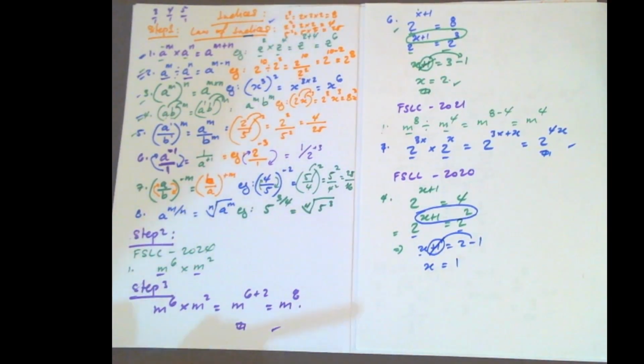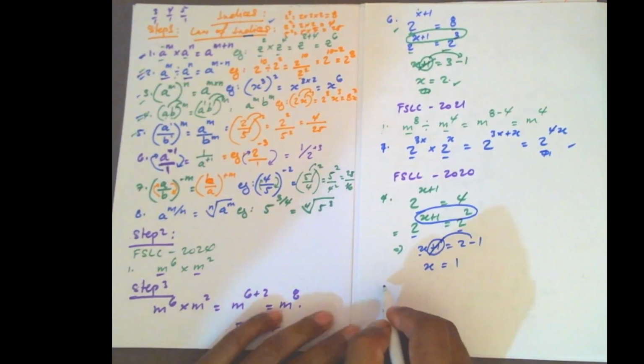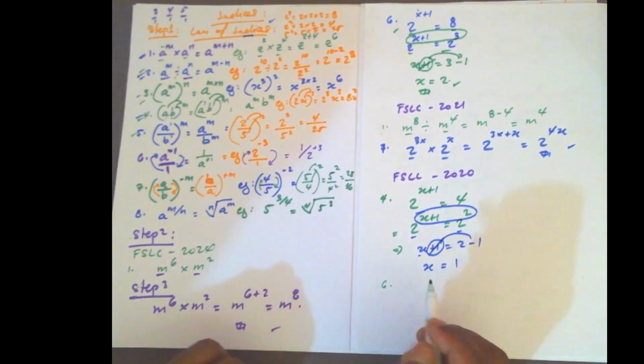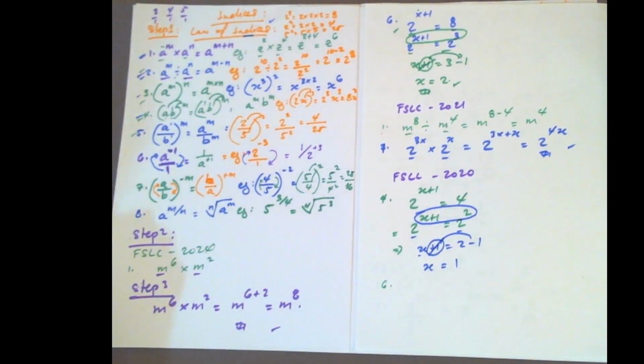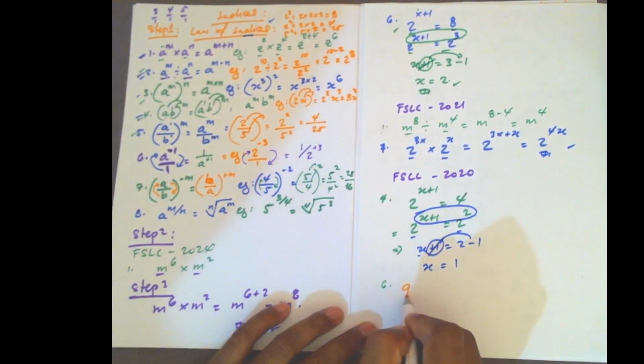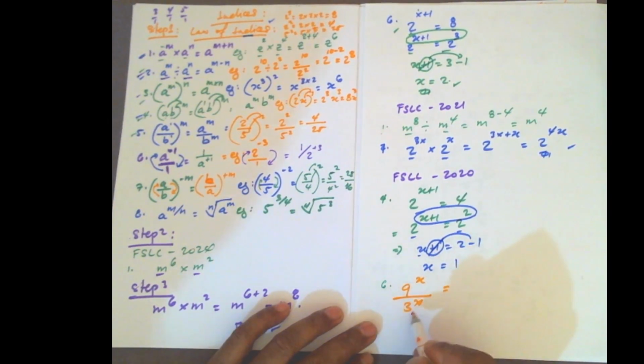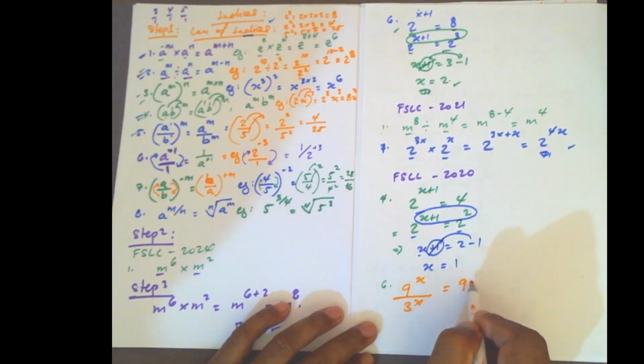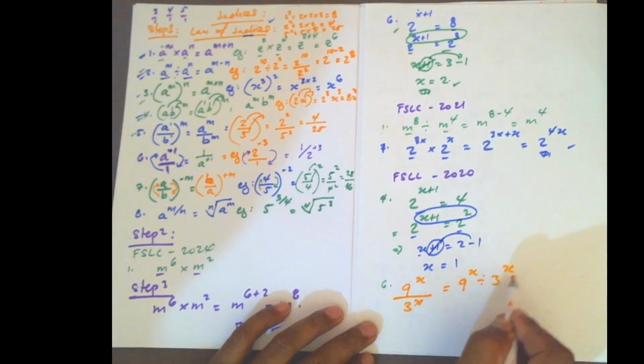And our last question is question number 6: 9 to the power of x over 3 to the power of x. Now, we're dividing. That is the same as 9 to the power of x divided by 3 to the power of x.